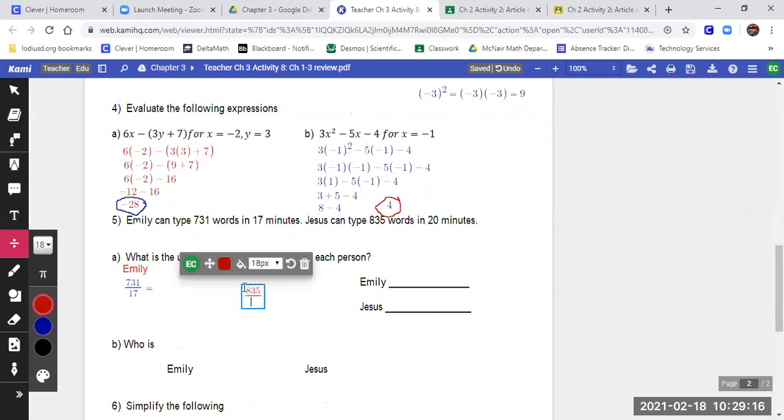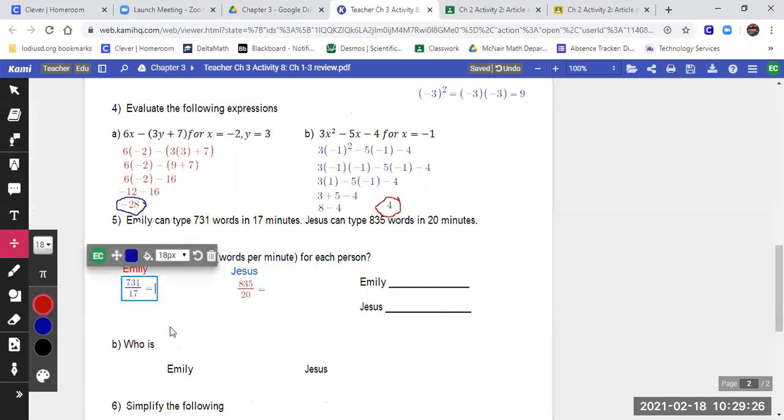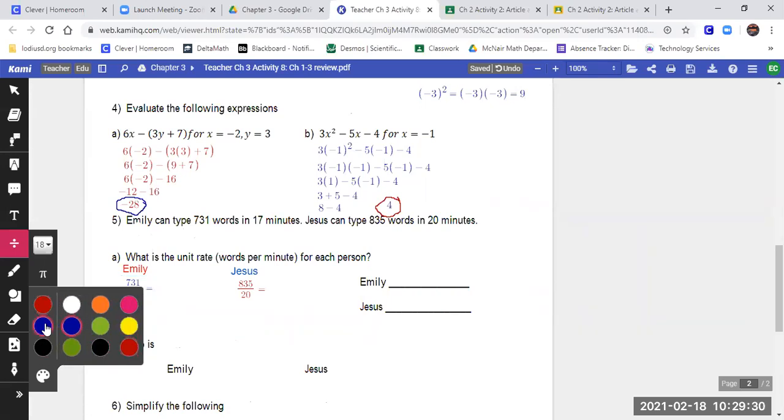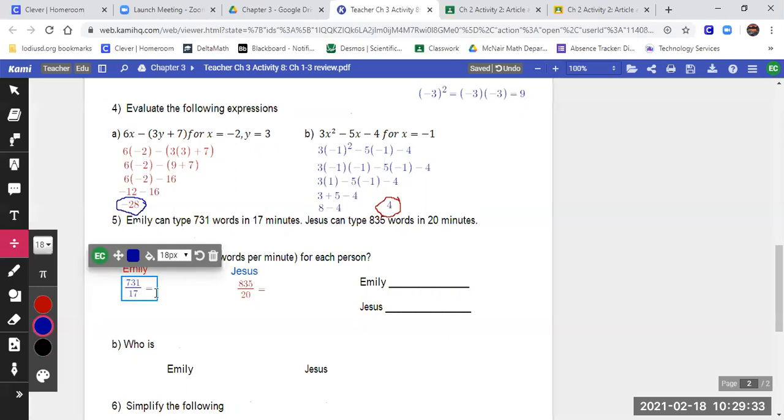And then we have to take Jesus and divide by his 20 minutes. What is Emily's number? Including the decimal. Just read what's in the calculator. 731 divided by 17 is what? Exactly 43? No decimals, right?